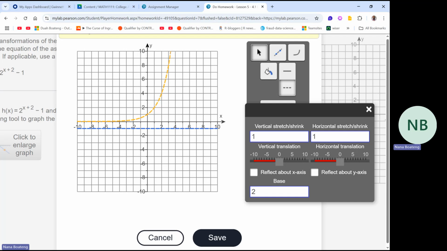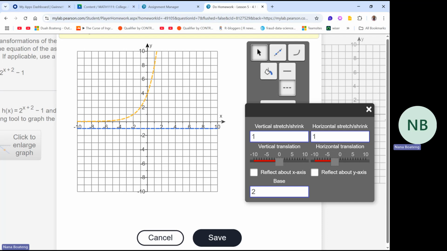So horizontally, this graph has been shifted to the left by 2. So we scroll to the left, -1, -2. It's been shifted to the left by 2, so I scroll horizontally to the left by 2 by using this scrolling utility here.